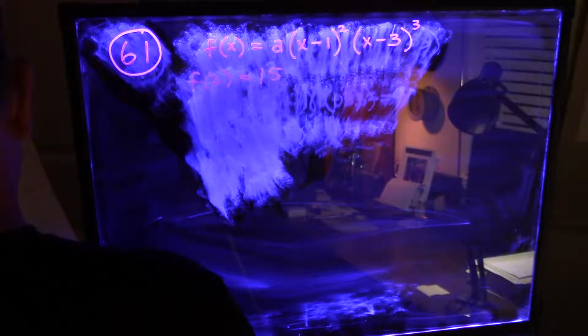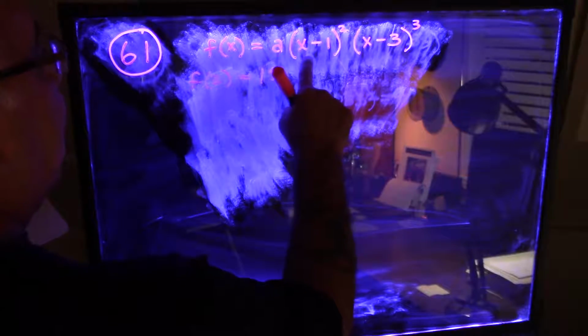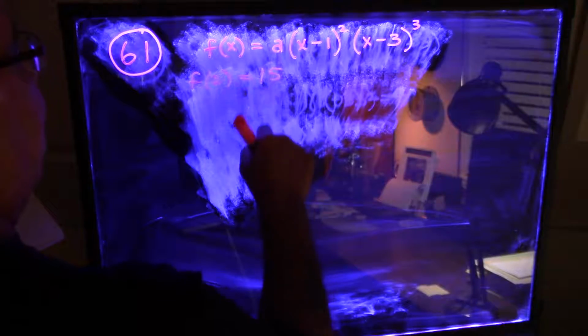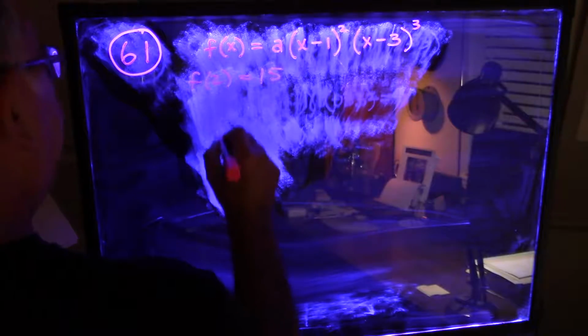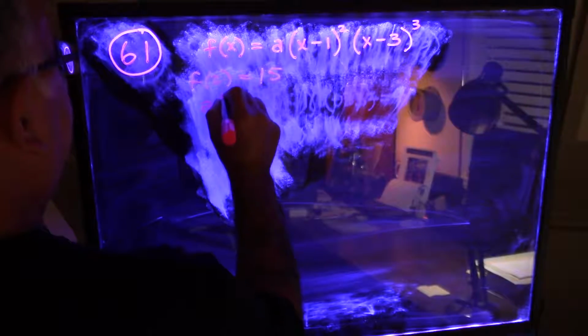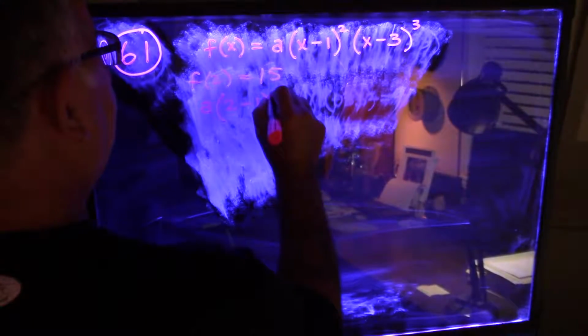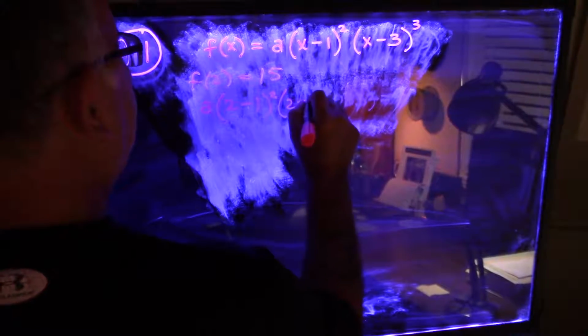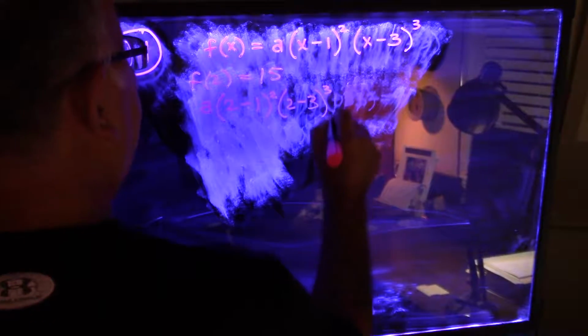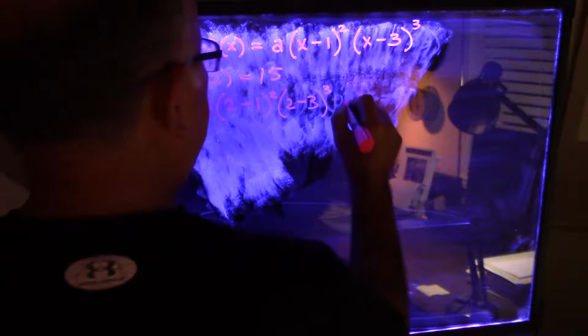So that means if you let x equal 2 in this expression, set it equal to 15, we can solve for a. So we've got a, let x equal 2, 2 minus 1 squared, 2 minus 3 cubed, so really it's not too bad.